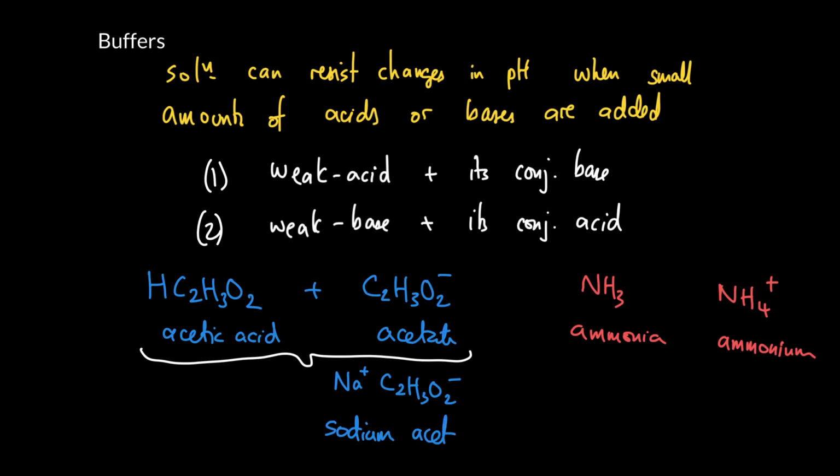And why would you use something like sodium acetate? Well, in the last section we looked at, the sodium ion is actually neutral, so it comes from a strong base. We could have used lithium, potassium, strontium, magnesium, or all sorts of things like this. Sodium salts tend to be relatively cheap though, so we have to have a counter ion to counteract the charge on the acetate. And the same with ammonium on the right hand side.